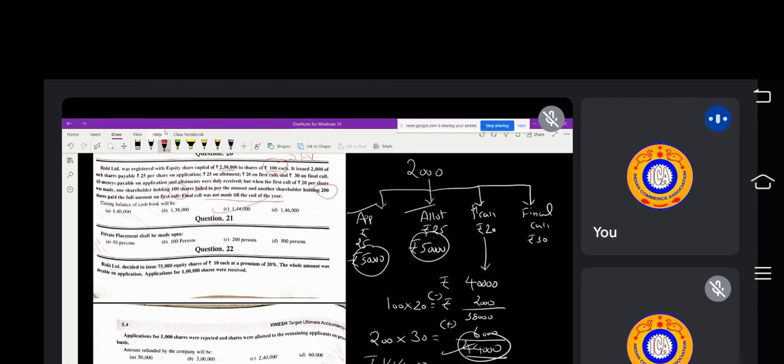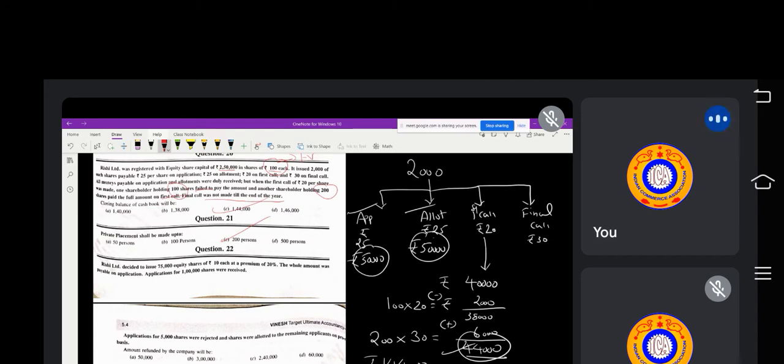So private placement, which means it is a concept of ESOP. Private placement of shares shall be made up to 200%. Yes. Okay, private placement shall be made up to 200%. Right? Any doubt so far?